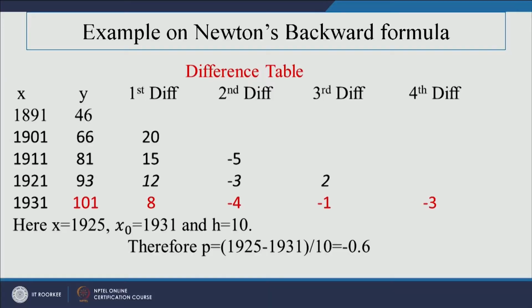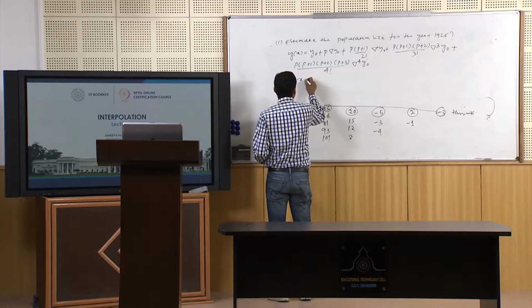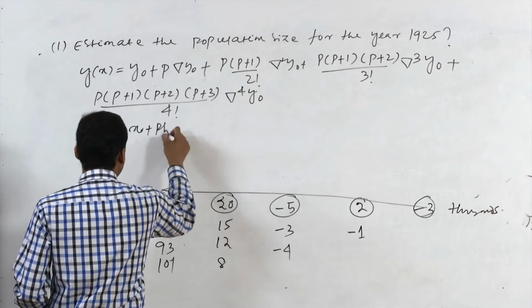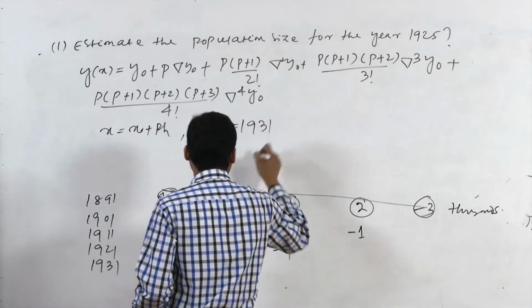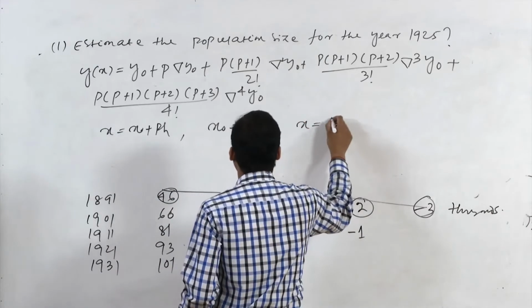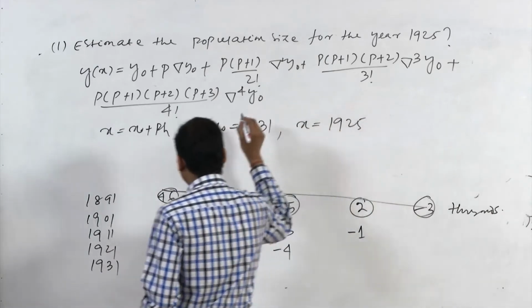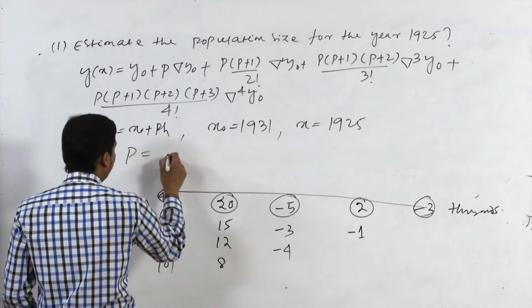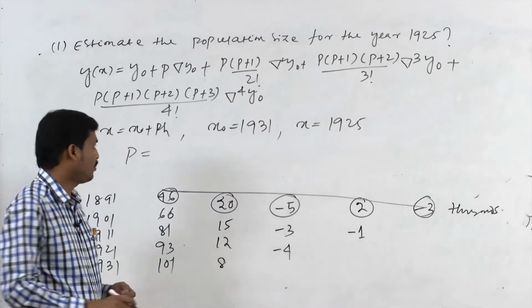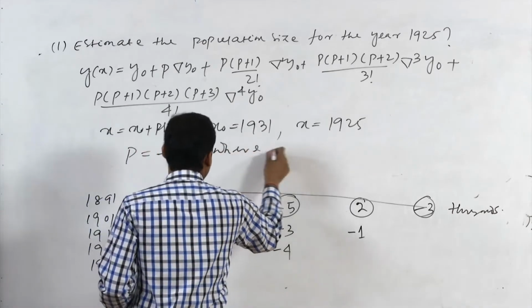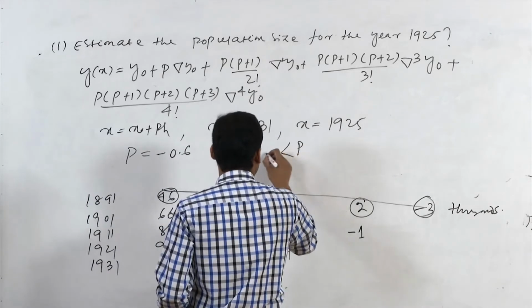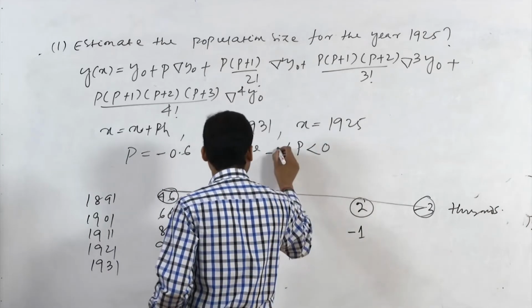So p can be written from x equals x naught plus p h. If we consider x naught equals 1931 and x is asked at 1925, the p value can be computed as minus 0.6, where p is lying between minus 1 and 0.